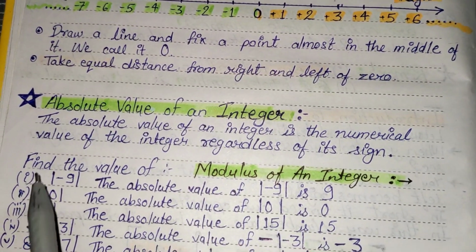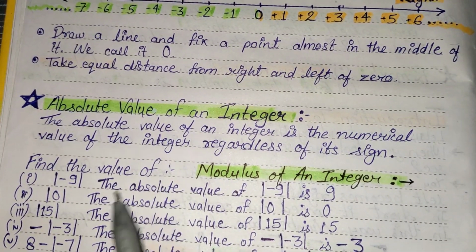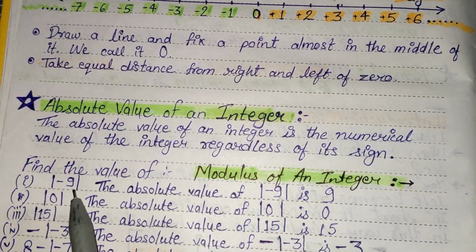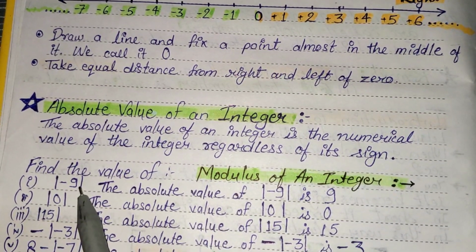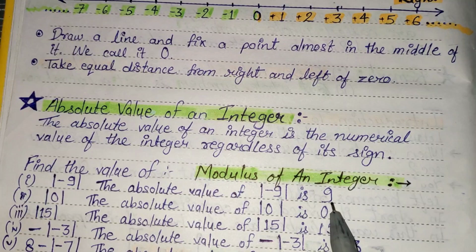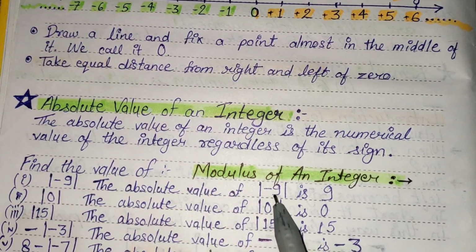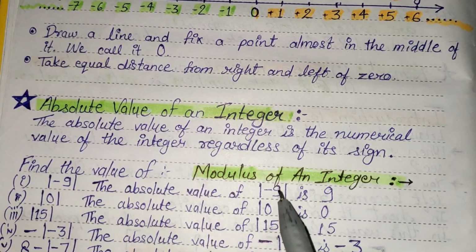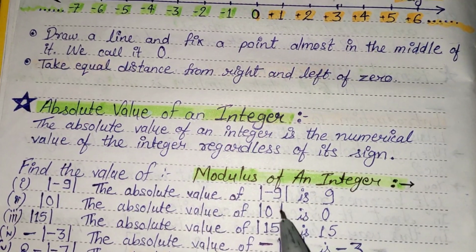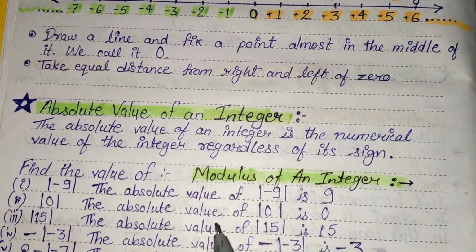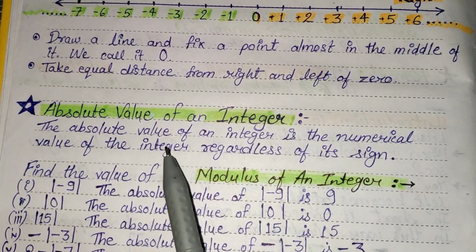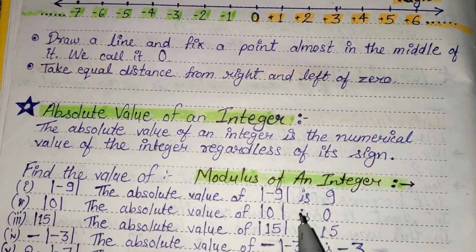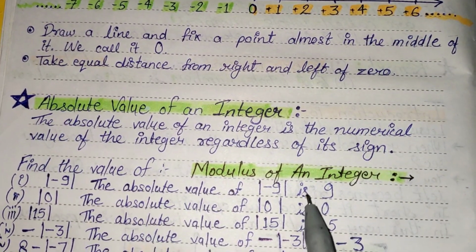See the example: find the value of mod of -9. The absolute value of this is +9. It means you take the minus sign out of the modulus and you get a positive, because the absolute value is the numerical value, and it is always positive.